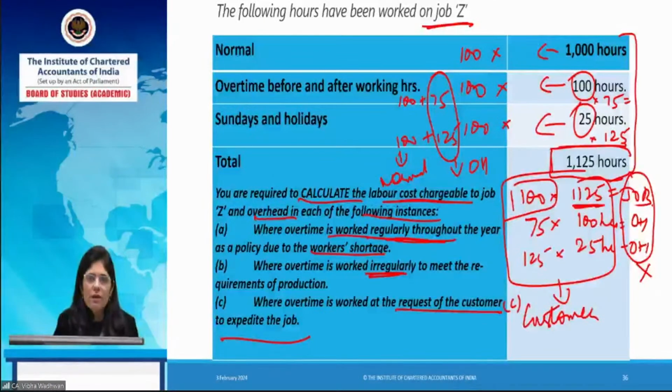Illustration 4, and what I have understood that you are talking about employee module, material, introduction. Which module you are talking for? I don't remember and I don't understand. You should very clearly specify, otherwise I won't be able to help. In both illustration 4 and overhead chapter, we have not even started, Mamta.